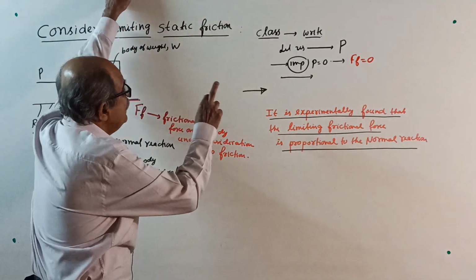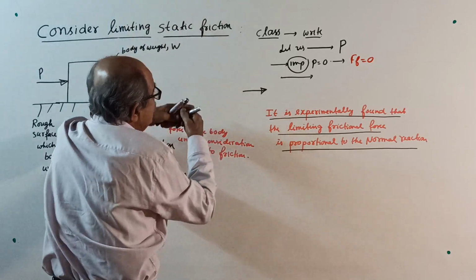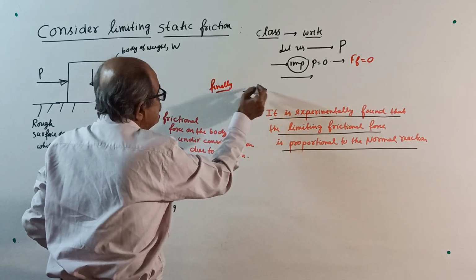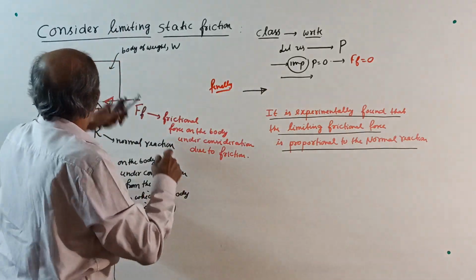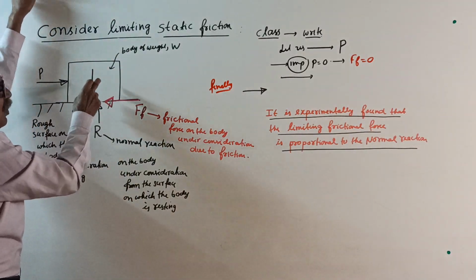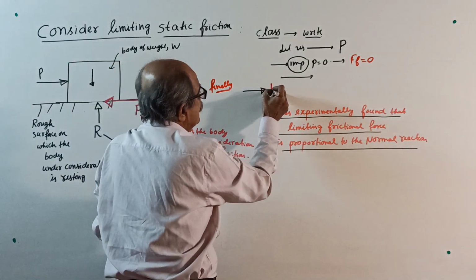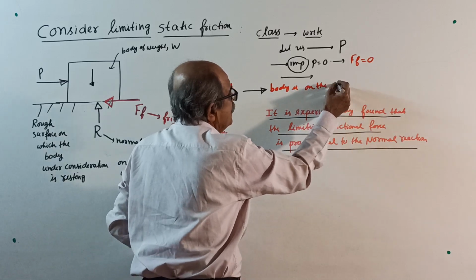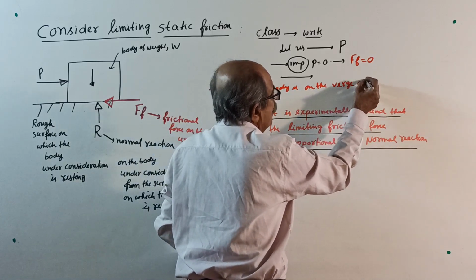Now, finally, you should write here: a stage will come when you increase P, when the body is on the verge of moving.